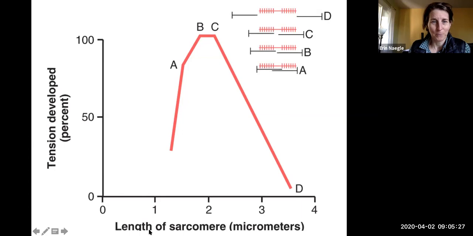This is fun. What is this? Another graph. What's this one about? Length of sarcomere in micrometers. So we're looking at an increase in the length of the sarcomere, and here's the tension developed in percentages, meaning the maximum amount of tension or force that can be made, dependent upon the length of the sarcomere.